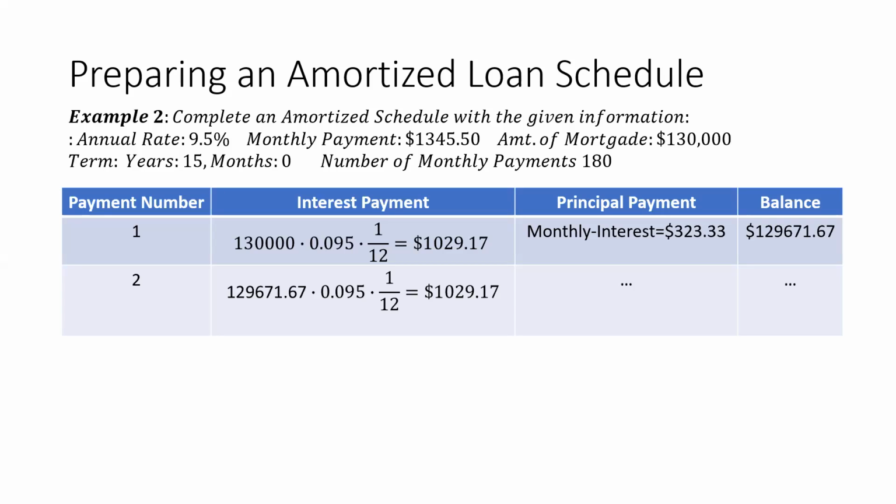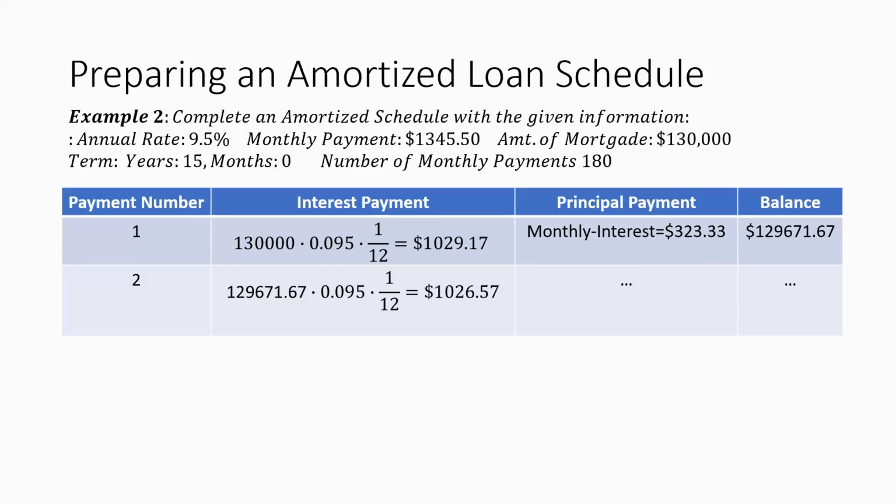That gives me my interest. To figure out my principal payment, I take whatever I'm paying monthly and subtract the amount taken away by interest. That's 323.33. Then to figure out how much I've paid off, I take the amount of my mortgage, subtract my principal payment, and that gets me my new balance.